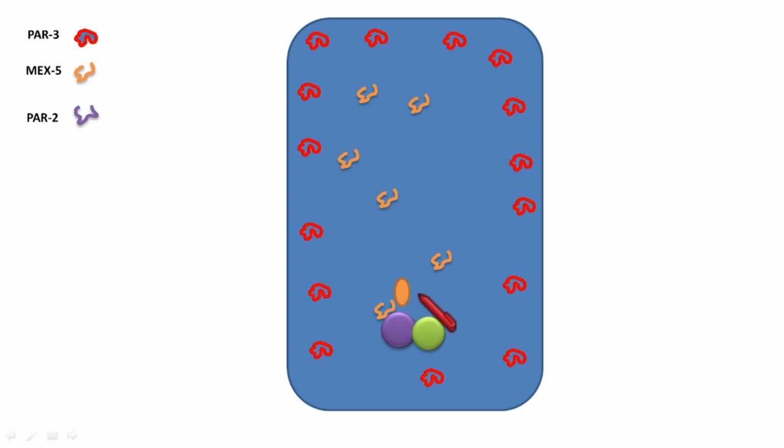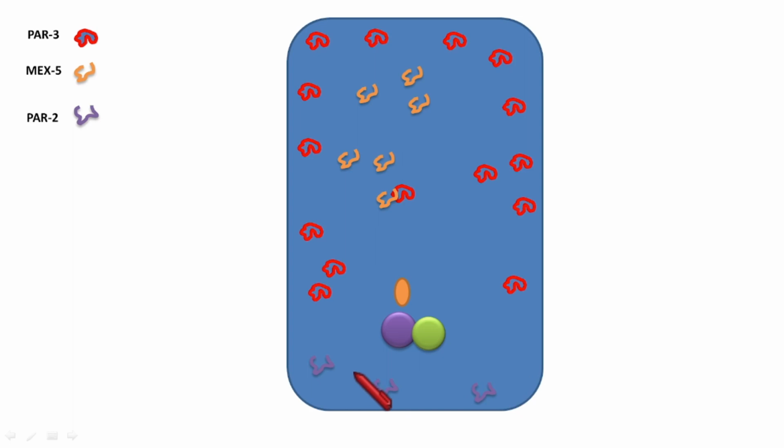And during that time comes the significance of PAR2 protein. What this PAR2 protein is doing at that time is that it occupies the posterior cortical region of the cytoplasm by replacing PAR3 and MEX5 protein.